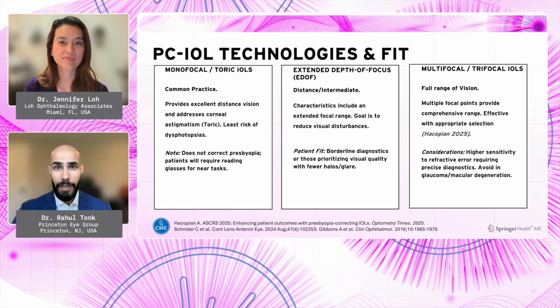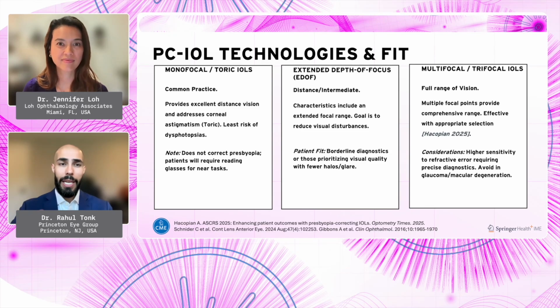And so we definitely need to tackle even small amounts of astigmatism if we can, whether it is by using an astigmatism correcting lens implant like a toric, or by other means, astigmatic keratotomy with a femtosecond laser, manual limbal relaxing incisions, whatever you feel is appropriate. So that takes care of astigmatism.